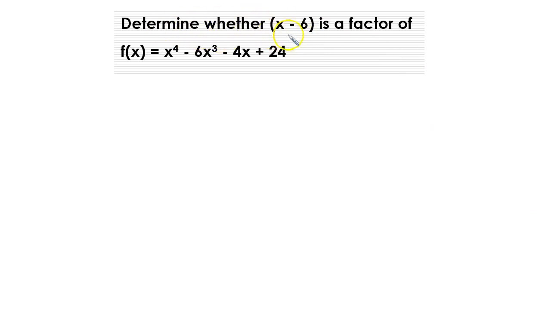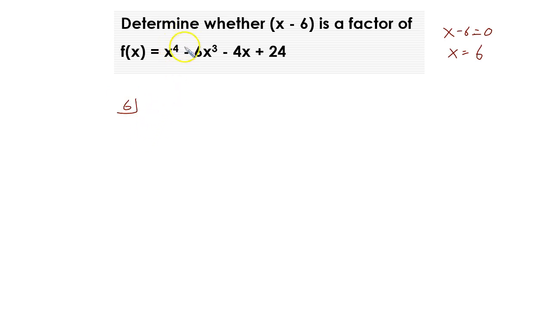Well, let's check and see if x minus 6 is a factor of this polynomial function. In order to test that, we want to test whether the solution to x minus 6 equals 0 gives us a remainder of 0. So we're testing positive 6. That's what we're dividing by. That's the potential root that we're dividing by.